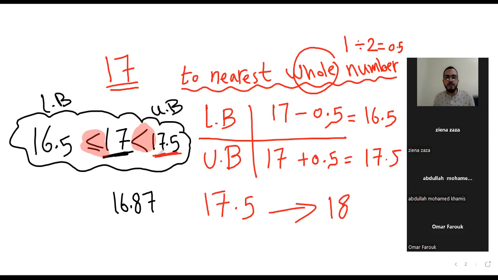So 17.5 itself is not with us. Any number before it, for example 17.499999, equals 17.